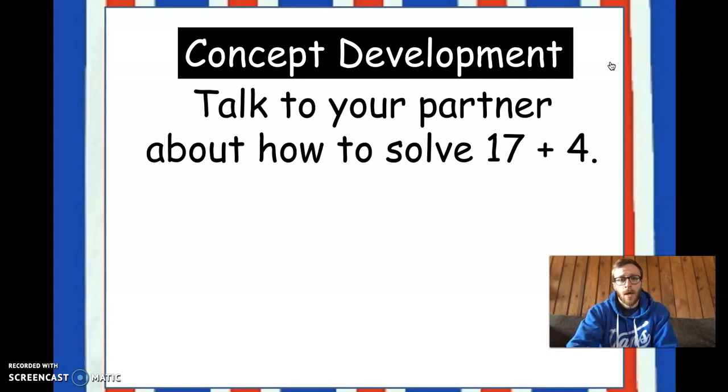So right now, this says talk to your partner, but you're just going to think to yourself about how to solve 17 plus 4. What method would you use? Would you count on? But if you had to show your work, would you use your quick 10 drawings with your 10 sticks and your ones? Or would you use a number bond to split up one of these numbers?